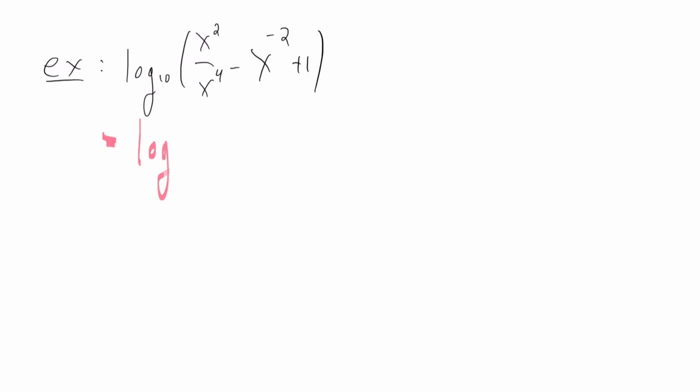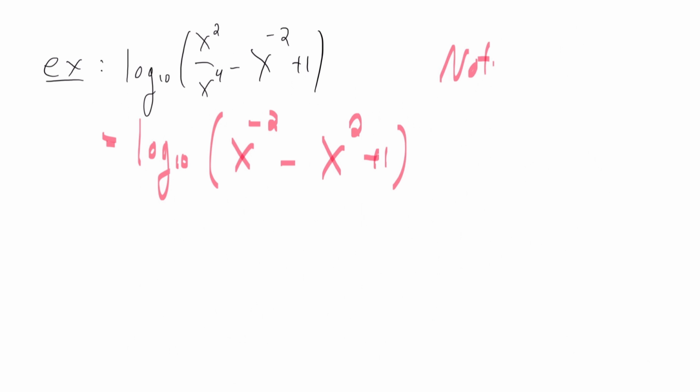Here's a nice example. I have log base 10 of x squared over x to the 4th minus x to the minus 2 plus 1. So let's start by simplifying things inside of the logarithm. Here we just noted that x squared divided by x to the 4th is equal to x to the minus 2.